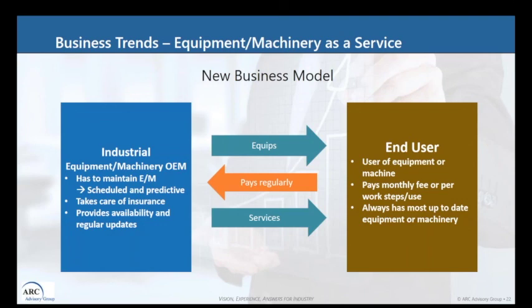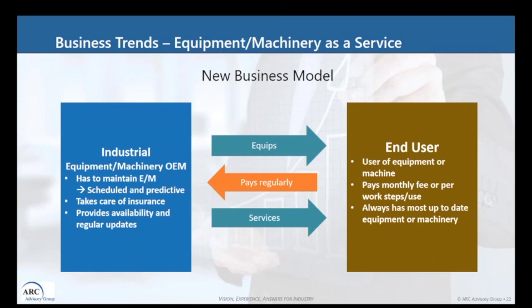So you pay for the compressed air and not for the compressor, because the end user might not be interested in maintaining the compressor. They just want to say, okay, I want compressed air. That's what I need for my next work steps.